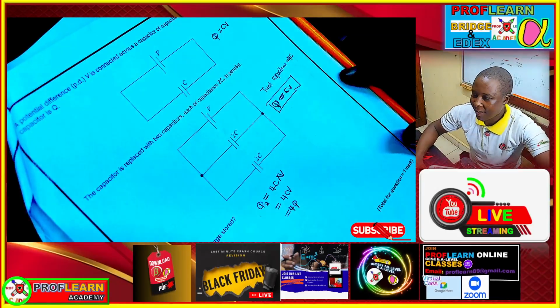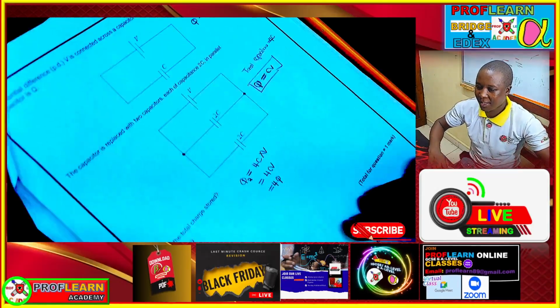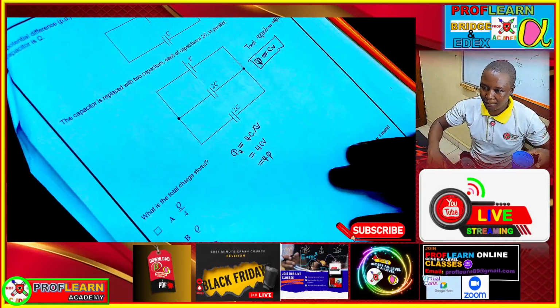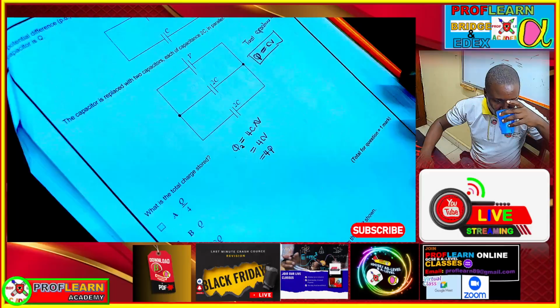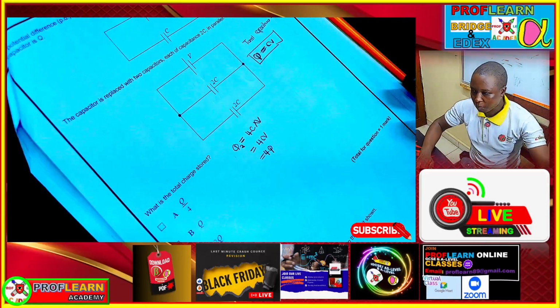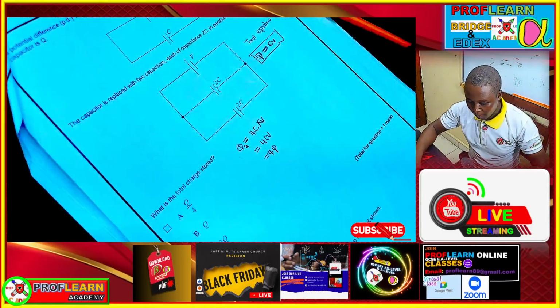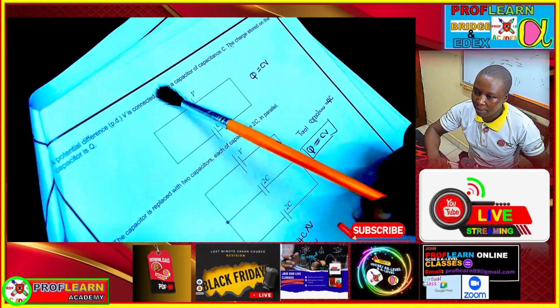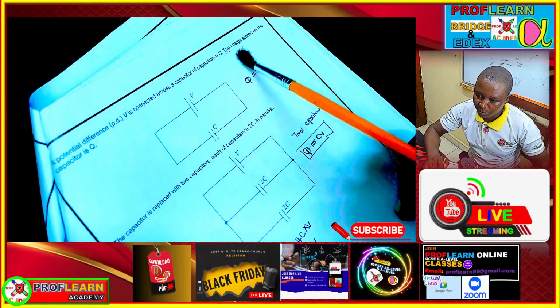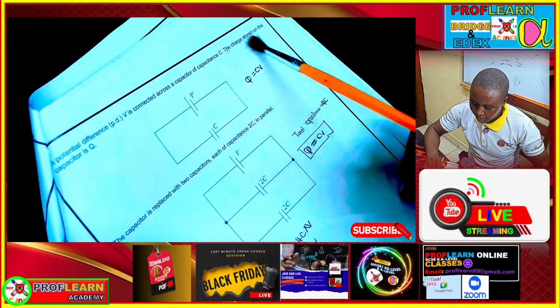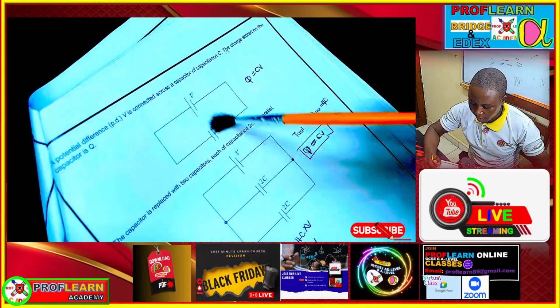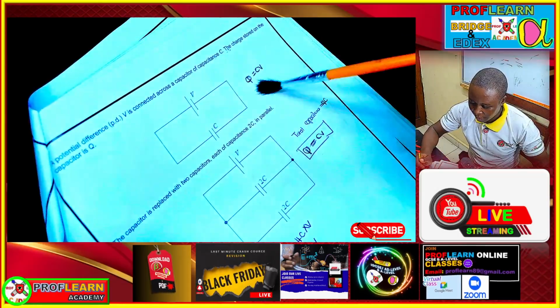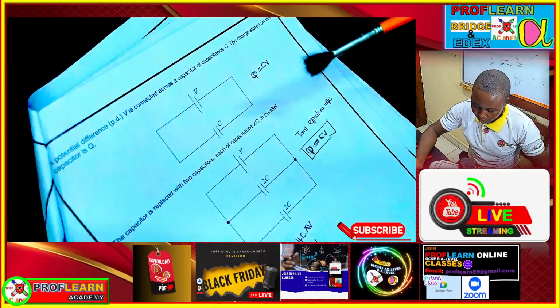We're told that the potential difference across a capacitor of capacitance C, the charge stored is Q. So we have voltage V and C, charge stored is CV, right?